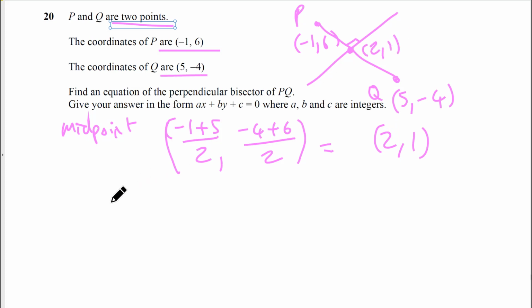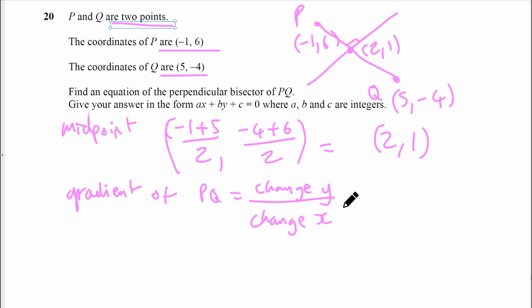Next method mark, find the gradient. Gradient of PQ, which is the change in y over the change in x. So y, can you see 6 minus minus 4, the distance here is 10 and the difference of x is 6.